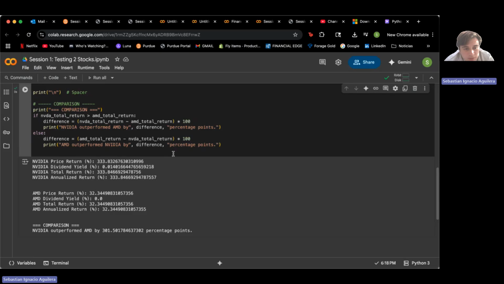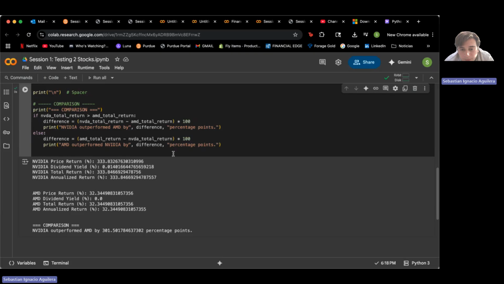The total return in percentage is 333, and NVIDIA's annualized return is 333 as well. AMD price return percentage is 32%. AMD's dividend yield is 0, and AMD's total return is 32.34. Now, AMD's annualized return is 32.34 as well.